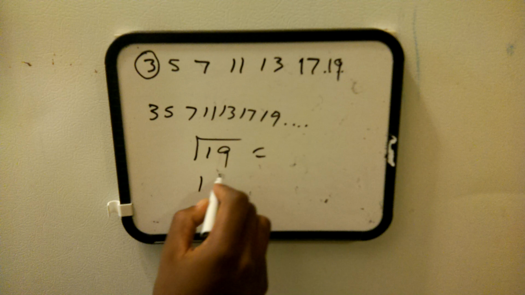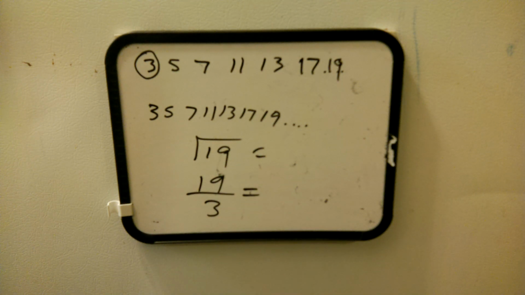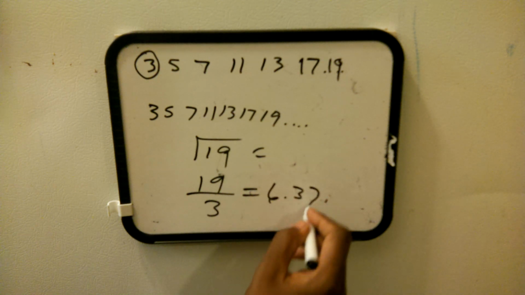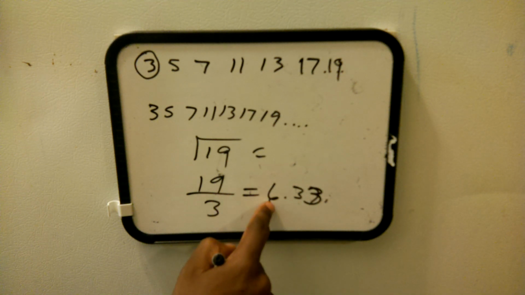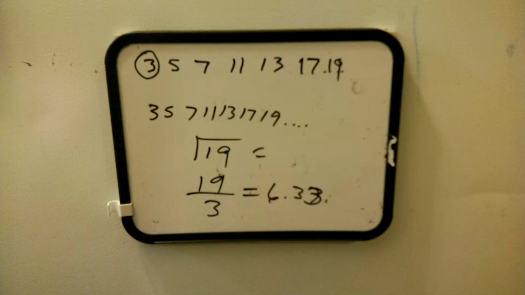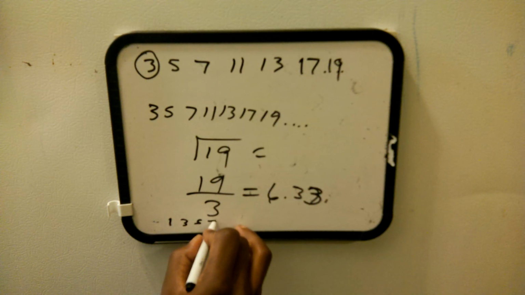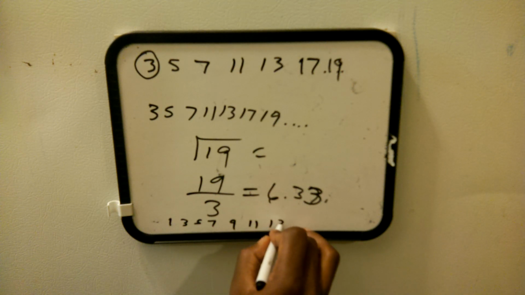So we do 19 divided by 3 equals 6.33. Okay, so what do we do? Round this to the nearest odd number. And remember your odd numbers: 1, 3, 5, 7, 9, 11, 13, 15.